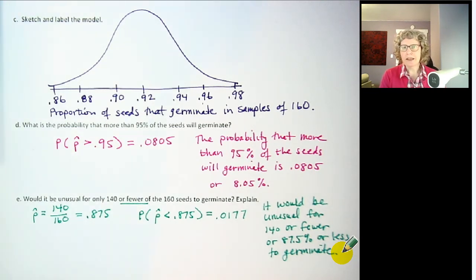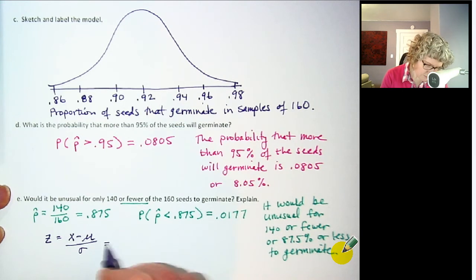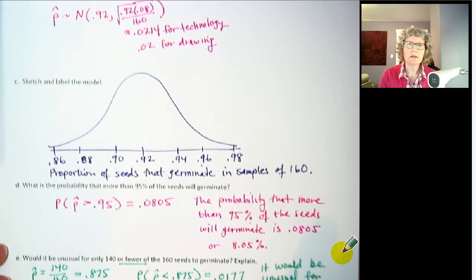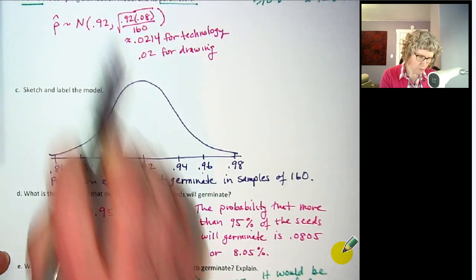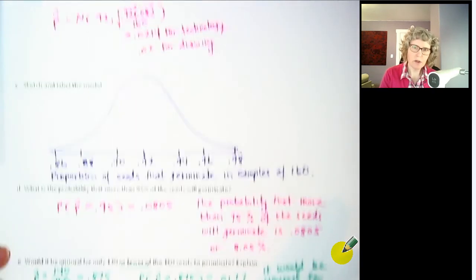You might have been thinking, well, why don't we calculate the z-score? That also tells you how many standard deviations away it is. So let's do that too for fun. The z-score is going to be the value, I won't put it in terms of p, it's the value minus the mean over the standard deviation. So in this case, 0.875 minus our mean, which is 0.92, divided by our standard deviation of 0.0214.